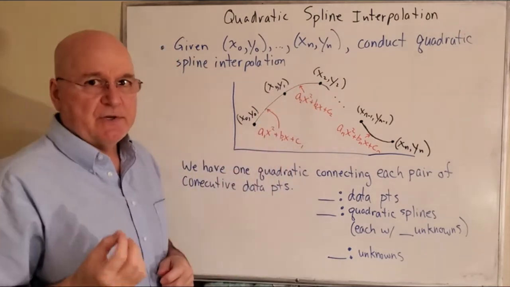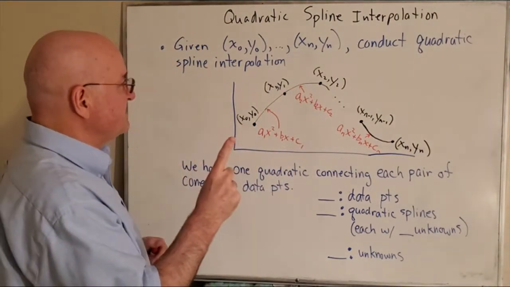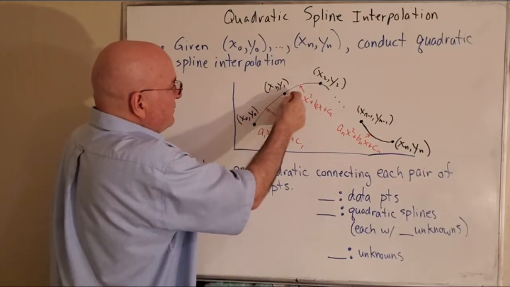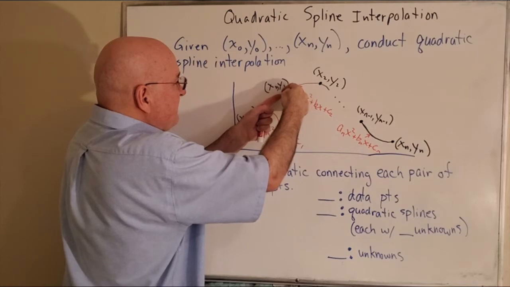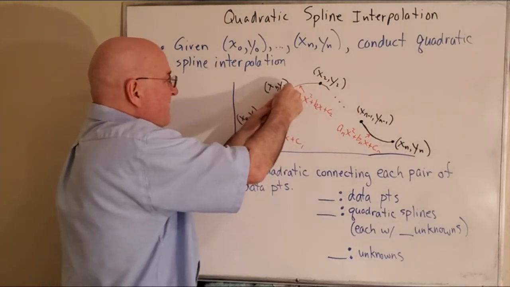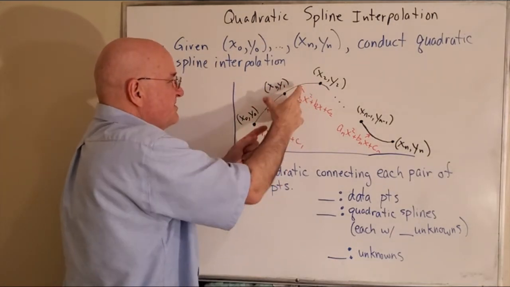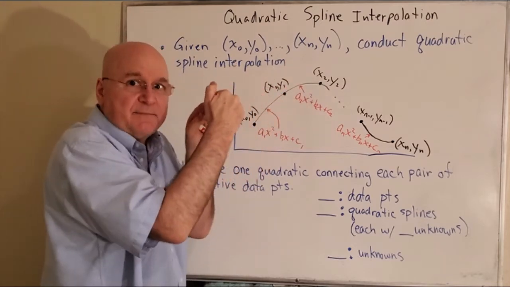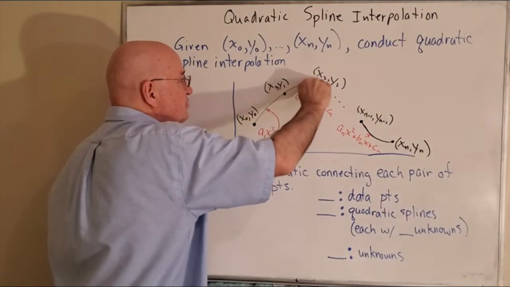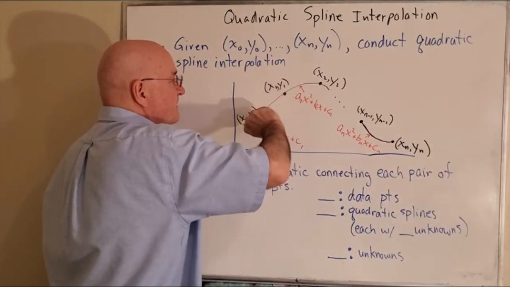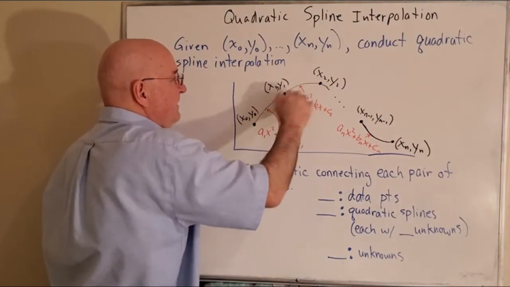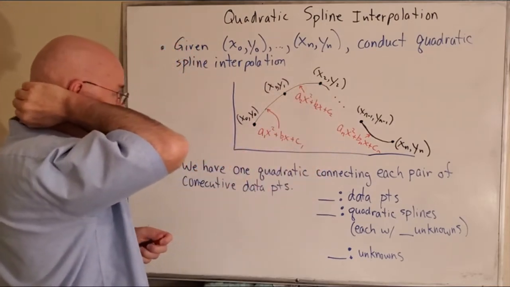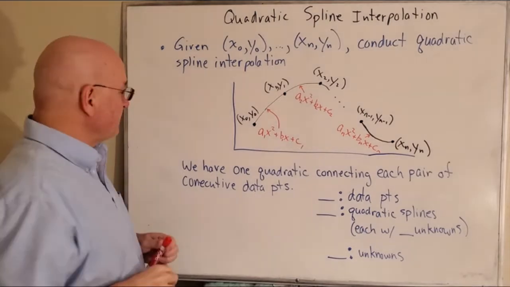Turns out the answer is no, because when these 2 quadratics meet, at this point it's got to be smooth. So effectively the slope as you approach it from either direction, the limit is going to be the same. It's going to be a smooth curve here, and here as well between these two, and so on. So that's the tough part.